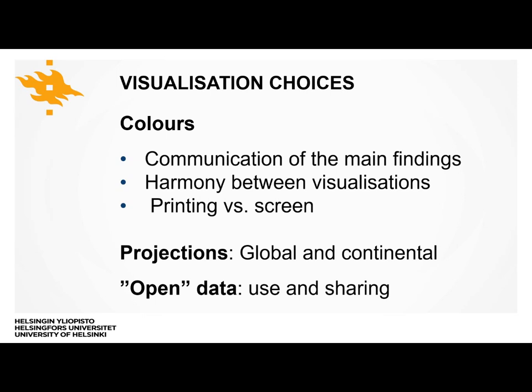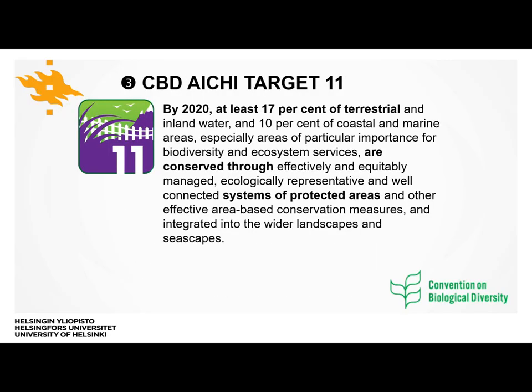20 minutes still. Okay. So just to give you a brief background why the analysis was interesting, and therefore what the maps try to be communicating as well, this was a time when we started making the analysis, when the Global Convention on Biological Diversity, so CBD, had these targets for the year 2020.